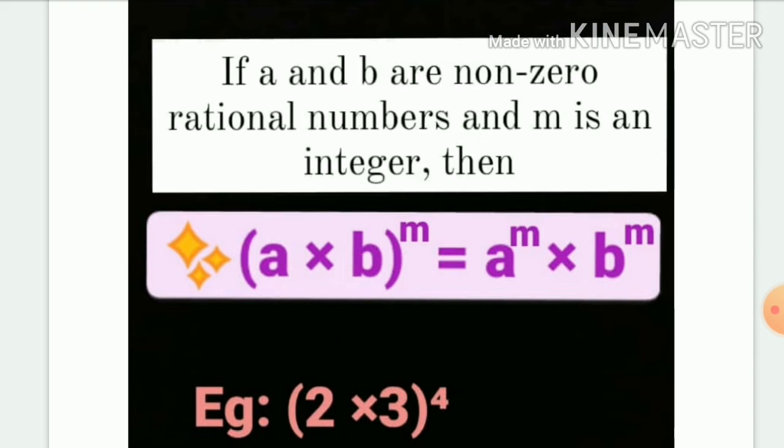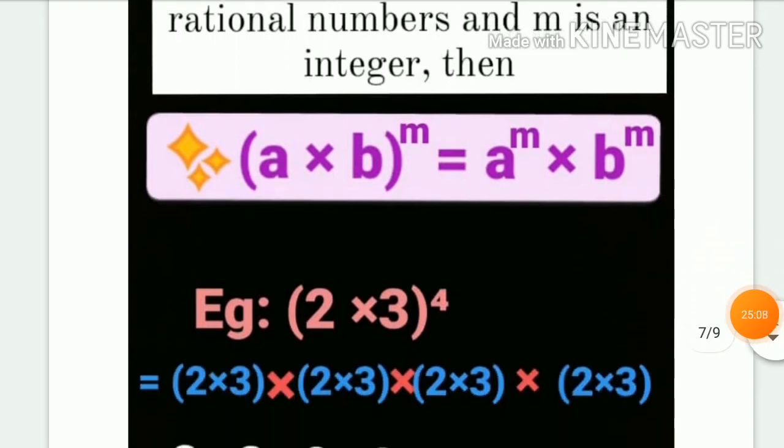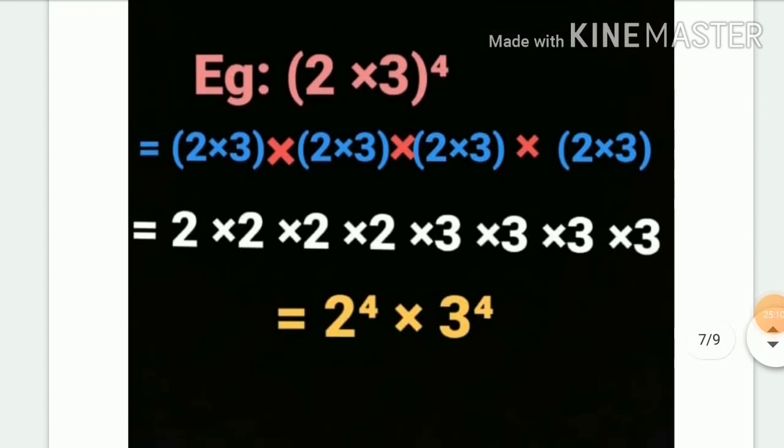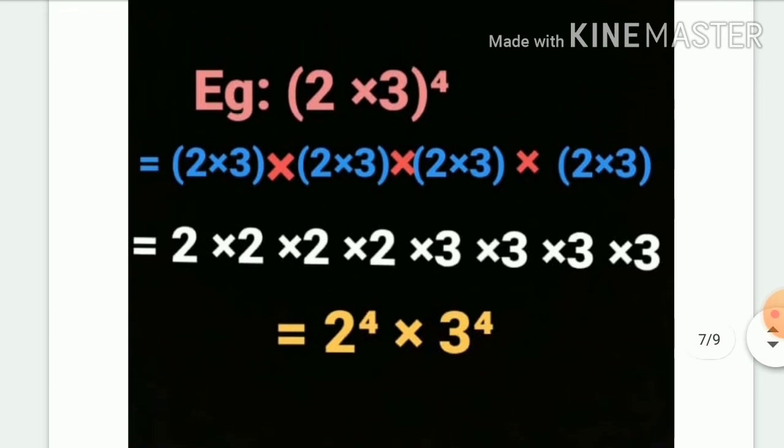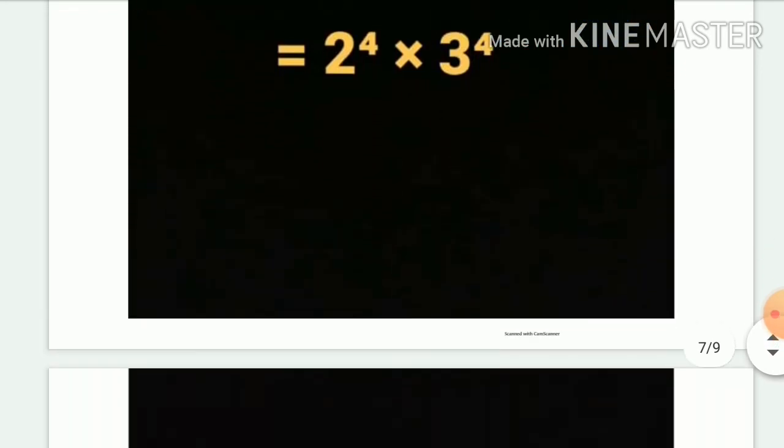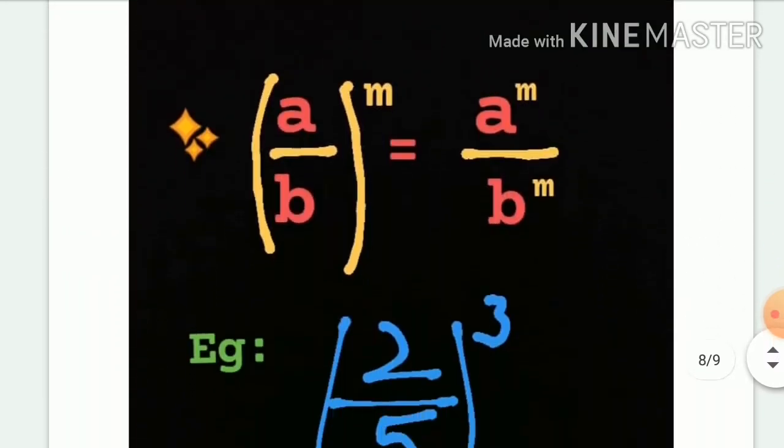So (a multiplied by b) raised to m equals a raised to m multiplied by b raised to m. So this was the next law, for multiplication. Now let us see for division.